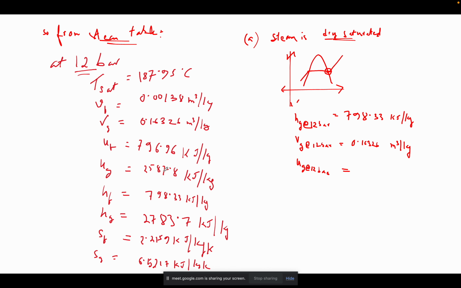That is 2587.8 kilojoule per kg, and we need Sg at 12 bar, that is 6.5217 kilojoule per kg Kelvin. So this is very easy, you just have to know how to see the steam table.